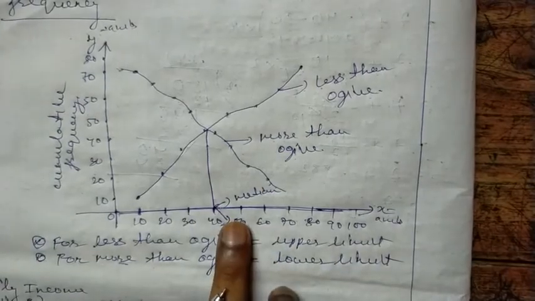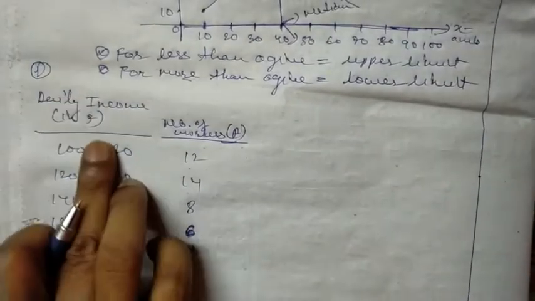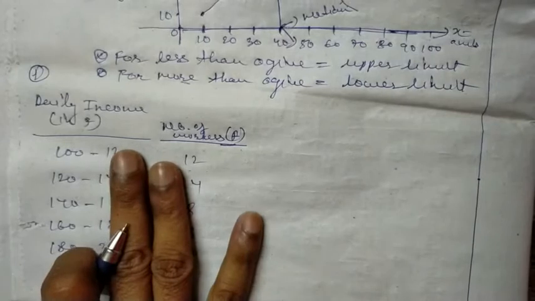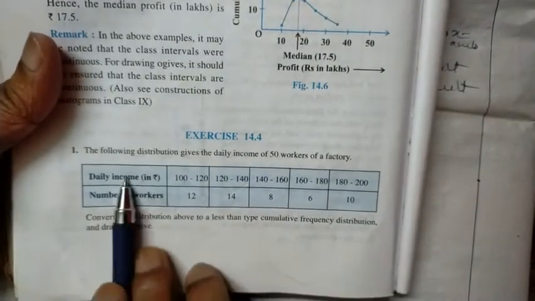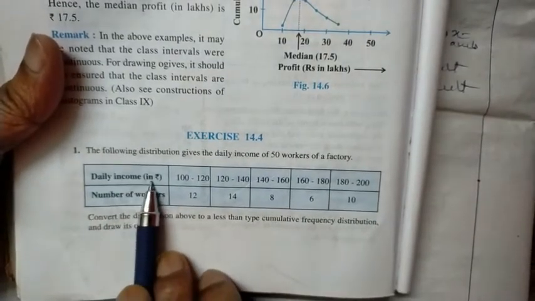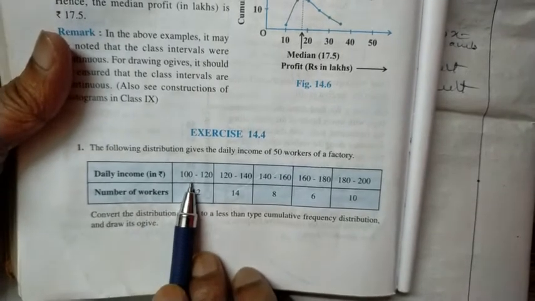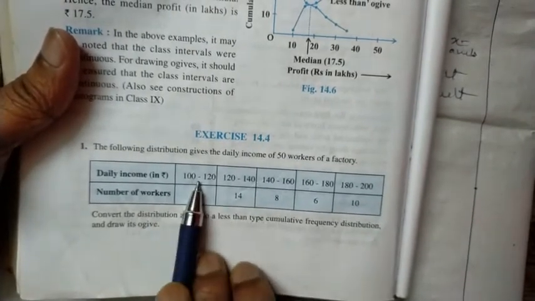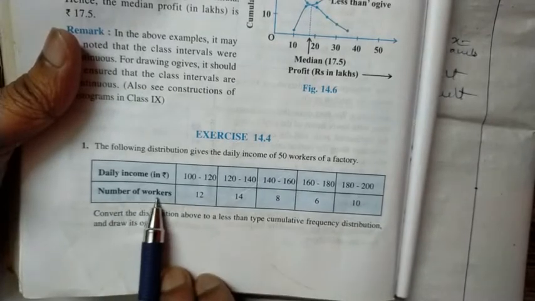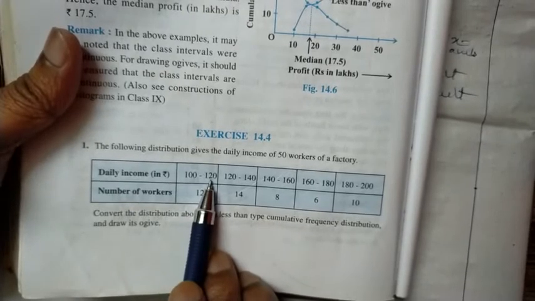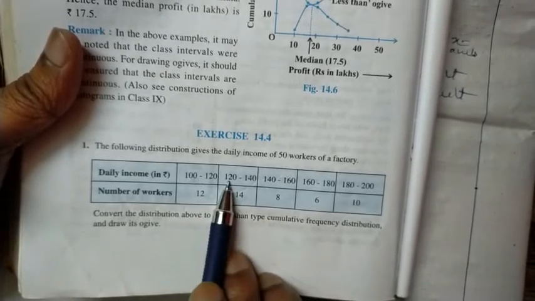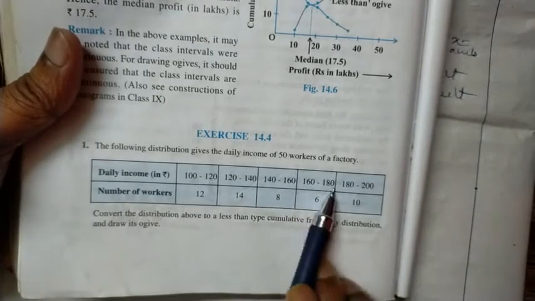Let's do question number 1 now. This is our question from exercise 14.4. Daily incomes in rupees is the class interval, and this is the number of workers. 100 to 120 rupees, 12 workers earn. 120 to 140, 14 workers earn.